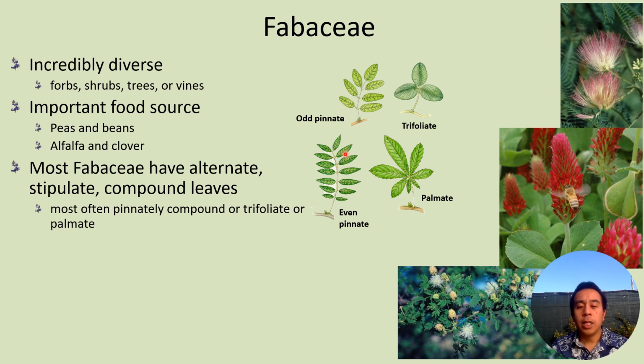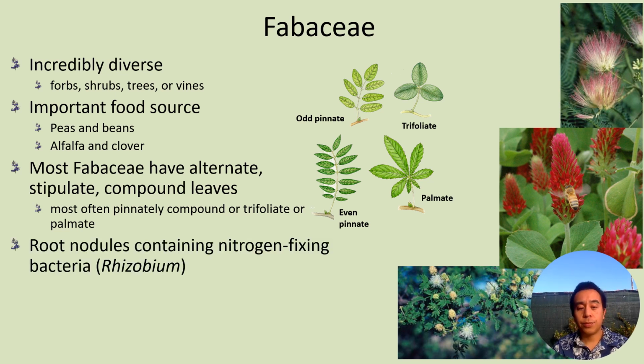Each of these individual components is called a leaflet, and the entire leaf itself is the leaf. In this case, we have a palmate one, which looks a little more like a hand. And up here we have trifoliate, which, like the name suggests, has three little leaflets, often really common for clover plants.